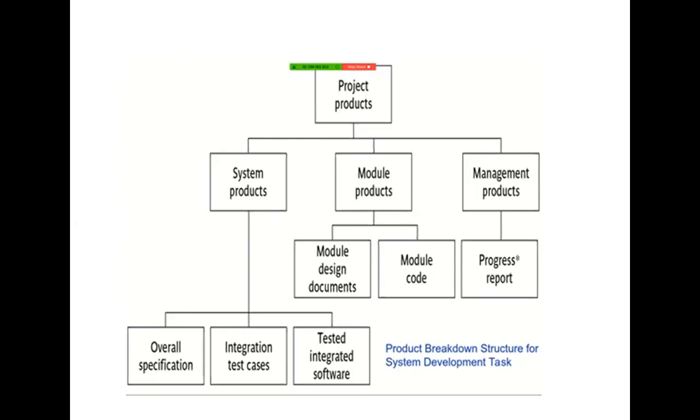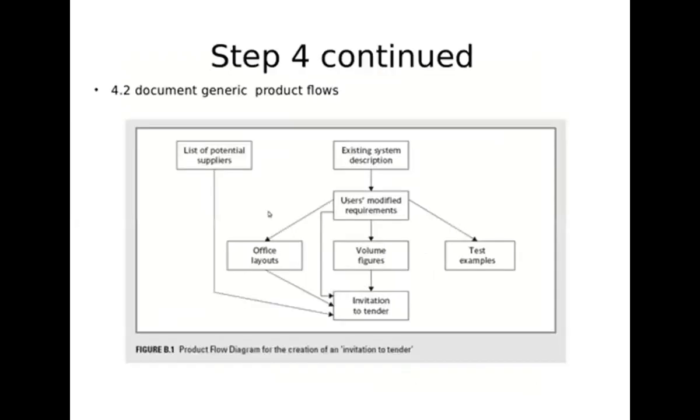Also, resources and actors, such as software developers, are not project products. So what are project products? Products can be deliverable or intermediate. We call them project products. Now go for step 2, document generic product flow chart. We call it a PFD. PFD means product flow diagram.